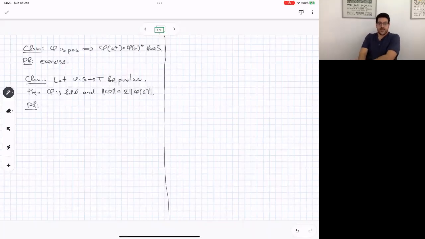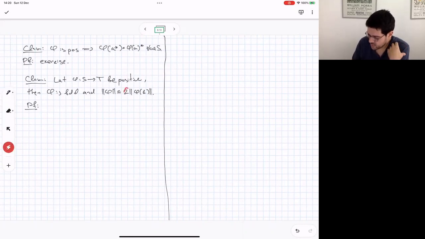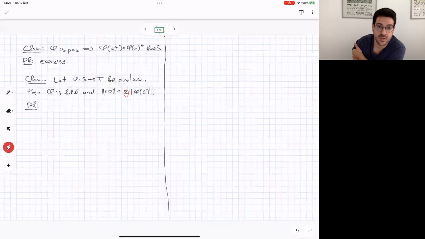Okay, so in fact, this factor 2 is going to come into the picture only when we will consider elements that are not self-adjoint. But in fact, for positive elements and for self-adjoint elements, we will not need this 2. This 2 will only come at the end. But it will be there. I mean, we will not be able to get rid of it.